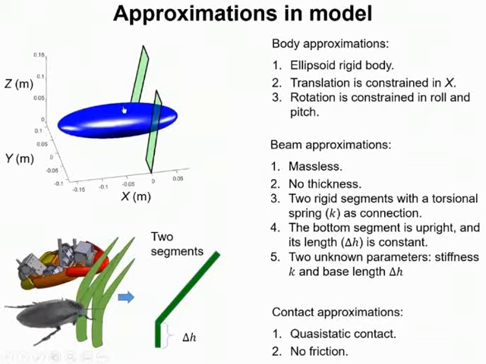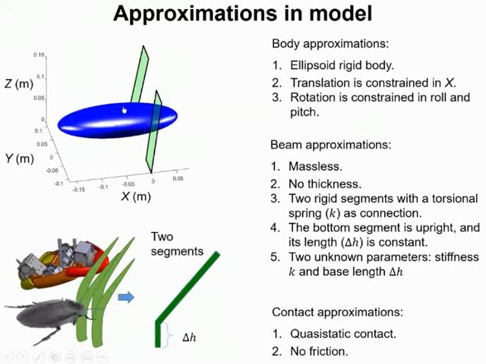To simplify the model, we made some approximations. For the body, we assume it is an ellipsoid rigid body, and we constrain the translation in x direction and the rotation in roll and pitch directions to have fewer degrees of freedom. For beams, we assume they are massless and have no thickness. Each beam consists of two rigid segments with a torsional spring in the middle.